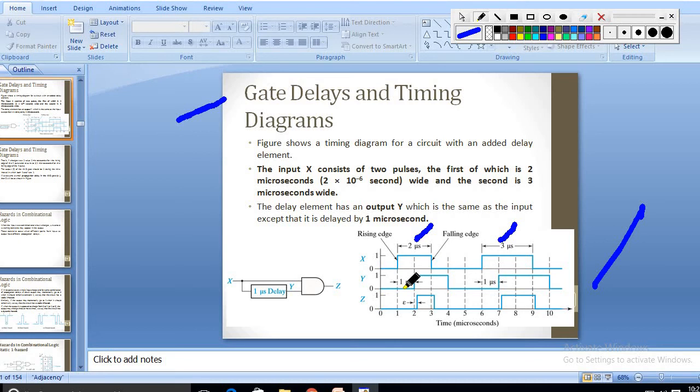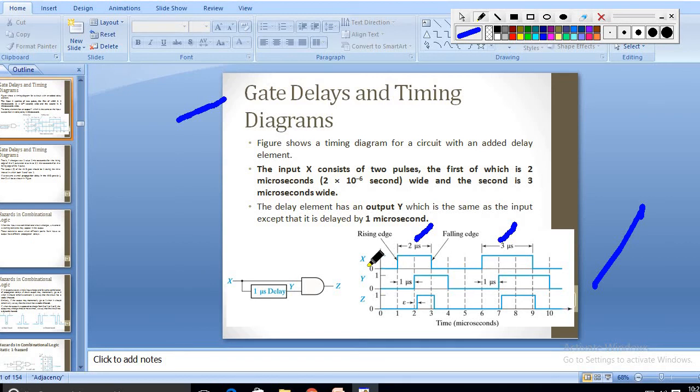In every sequential circuit, the output does not change suddenly; it takes finite time to change its state. That's why I call it a propagation delay. It might be a microsecond or a nanosecond, whatever it may be, it will take its time, and after that the state will change. That is what you should remember.